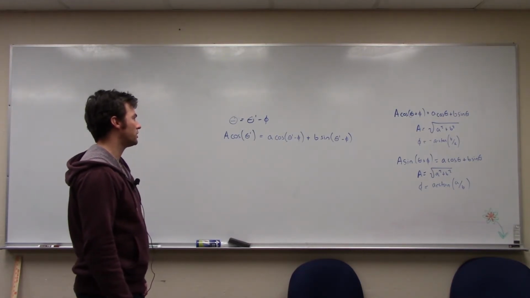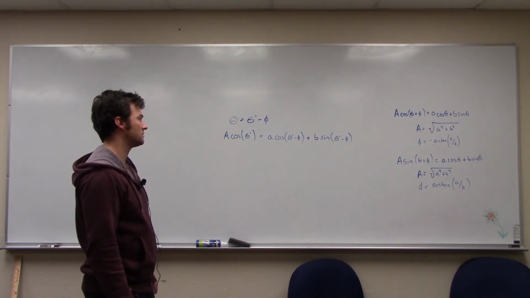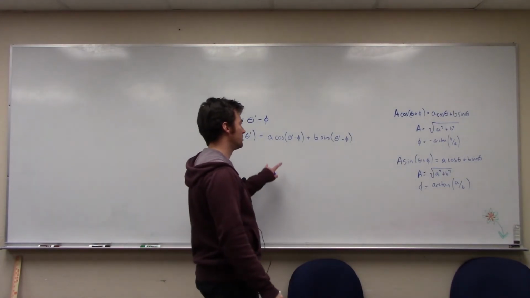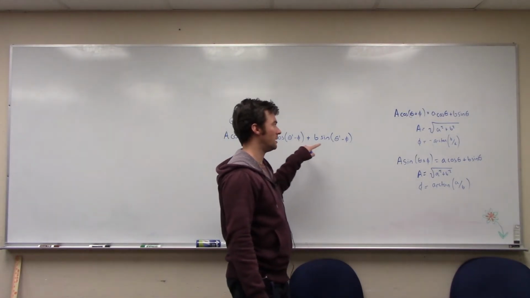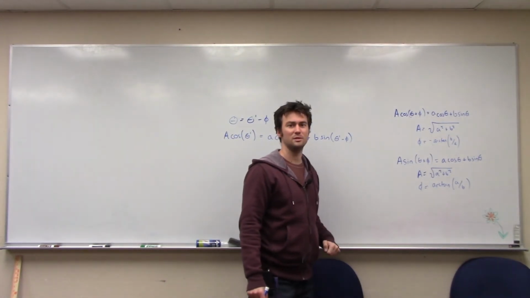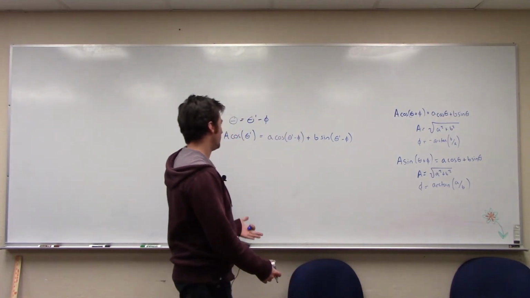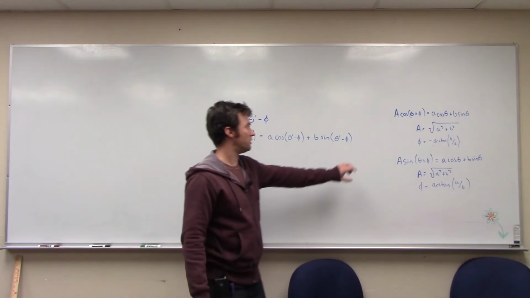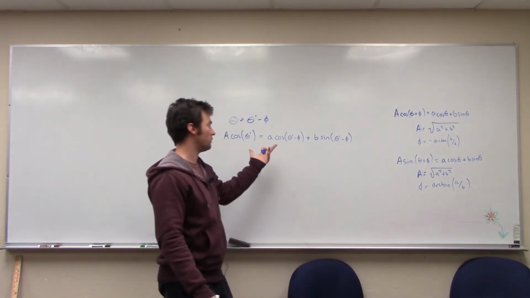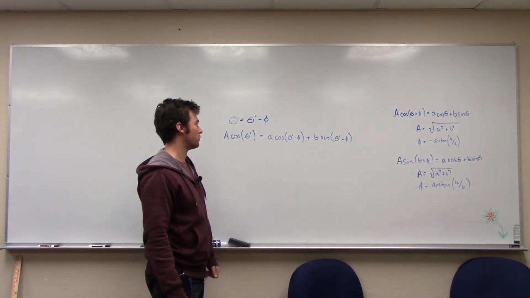Well, we didn't really change anything about phi, so if this is true, then this here can be another expression, and as long as these things are true, then we're allowed to make this expression.